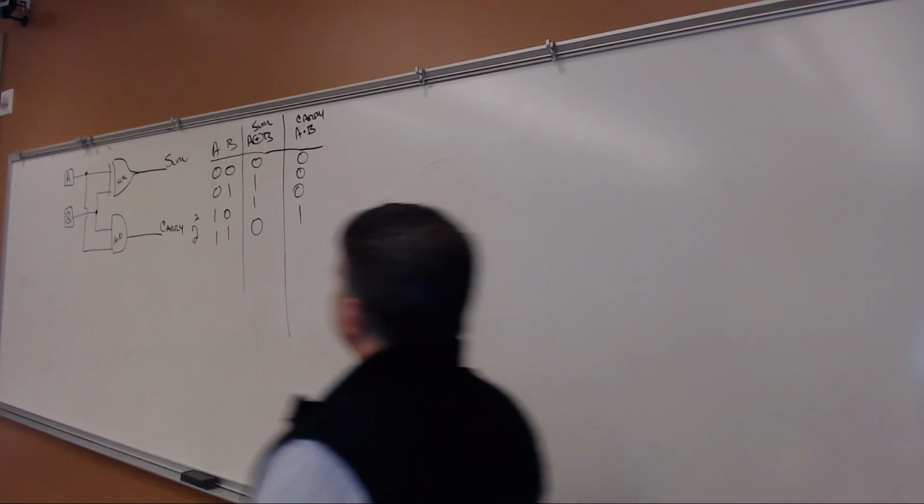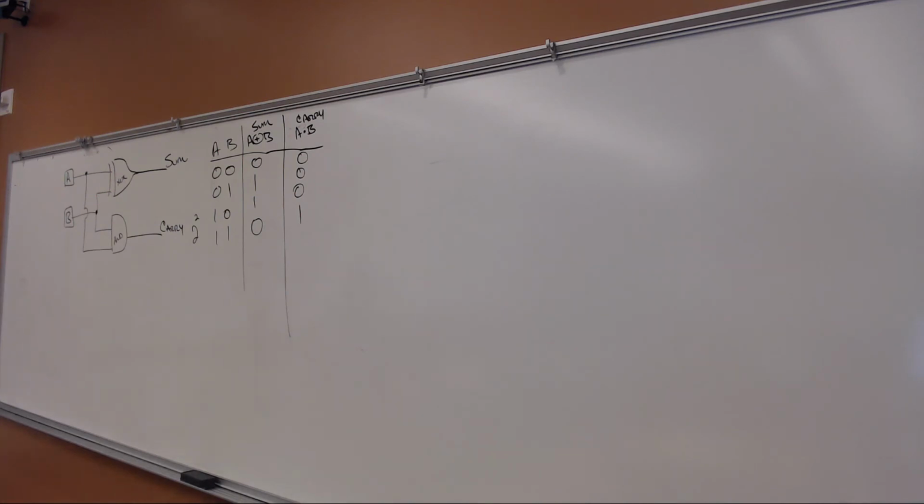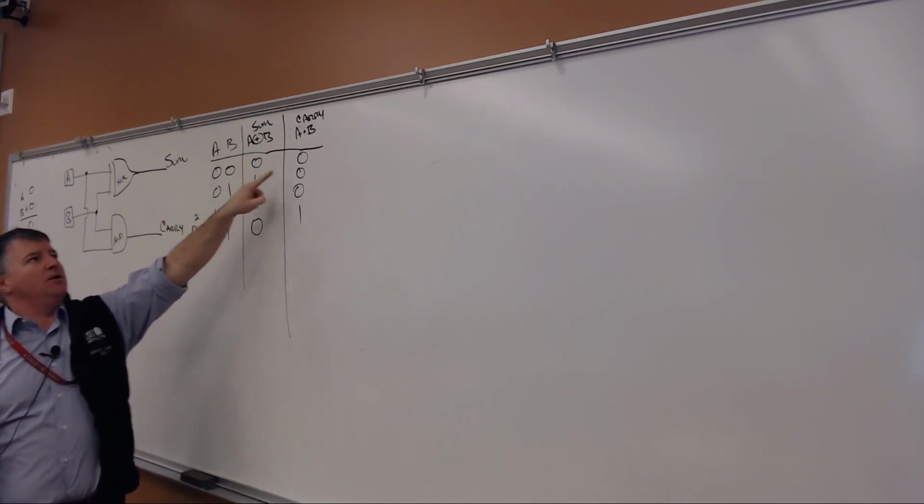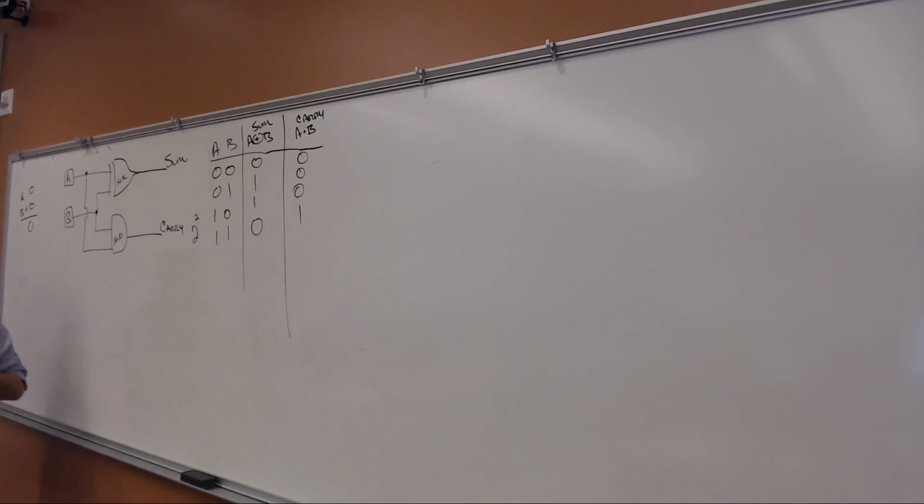Okay, here we go. So it's about adding two bits together. So I have bit A and I have bit B. All right? Two different numbers. 0 plus 0 is what? 0. Is there a carry? No. 0 plus 0. Sum of 0, carry of 0.